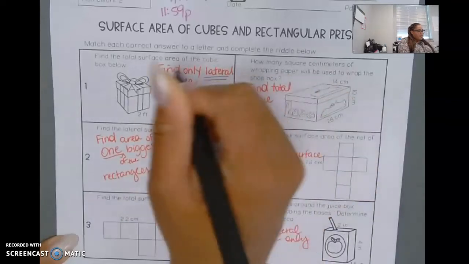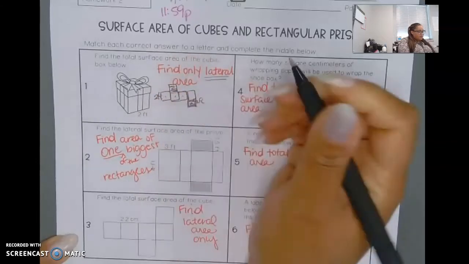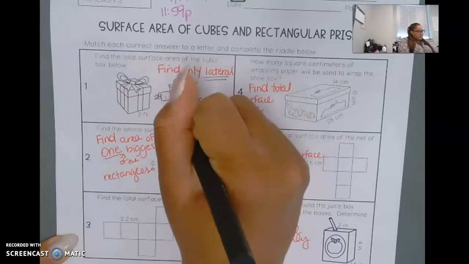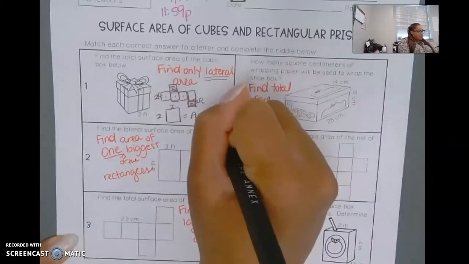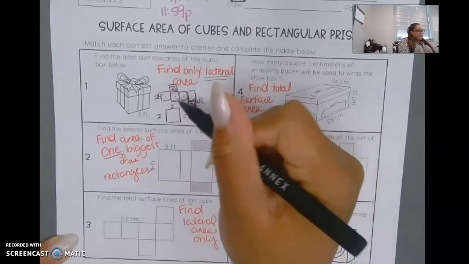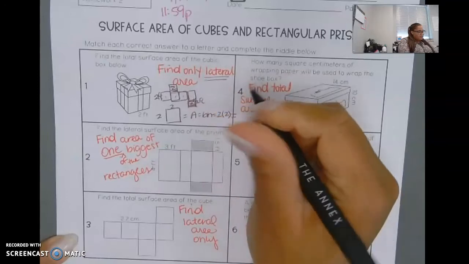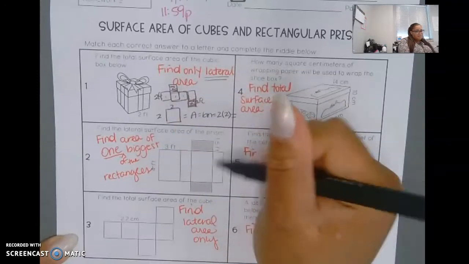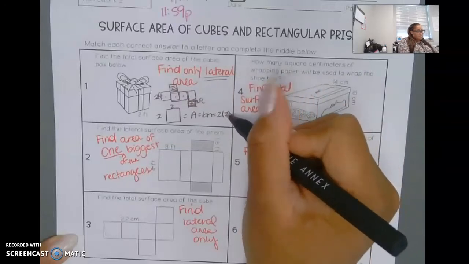So I have 4 rectangles that are 2 feet by 2 feet. Area equals base times height, which is 2 times 2 here, but I've got 4 of them. So I'm going to do 2 times 2 times 4 to get the lateral area, and that will be my answer.